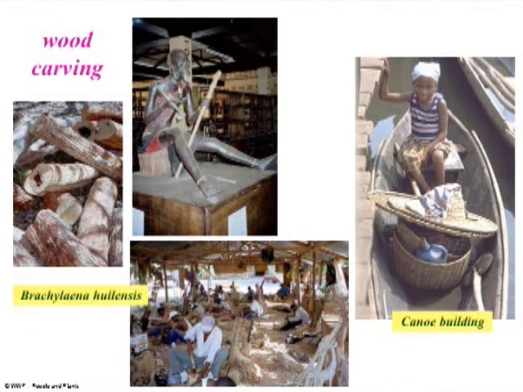Another very important way of using plant resources is wood carving. It's in the culture of people out there, making masks, making pestles, making mortars to cook food, or making canoes.